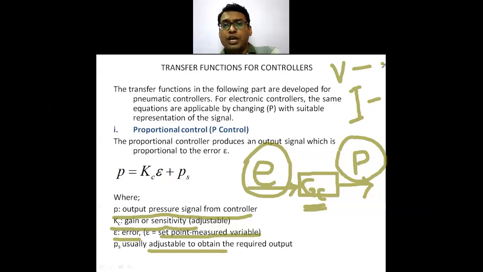So the proportional controller: Kc, that is the controller gain, that is the proportionality constant.